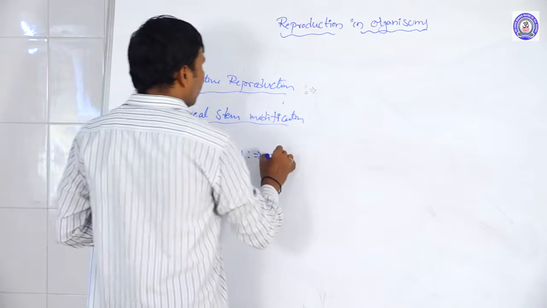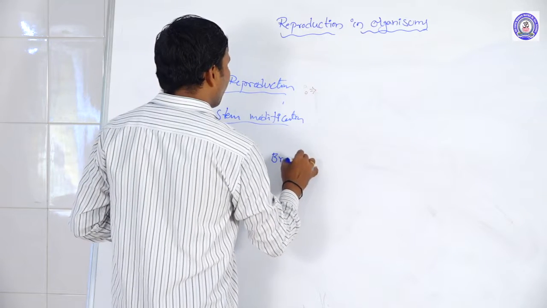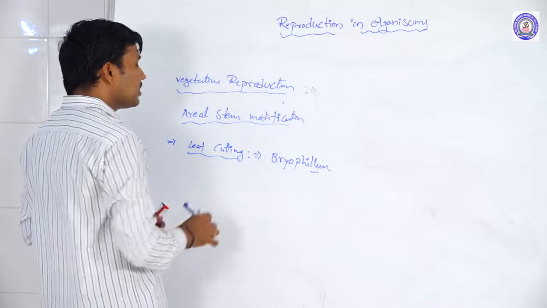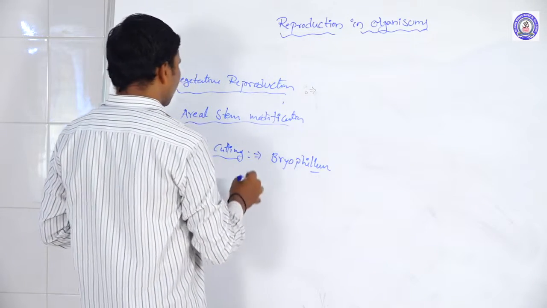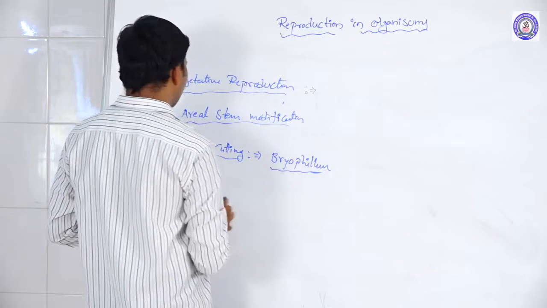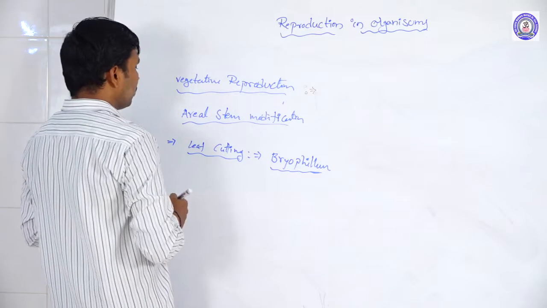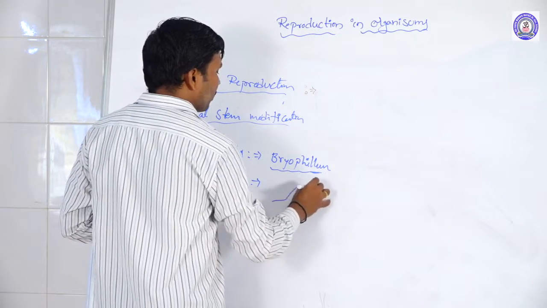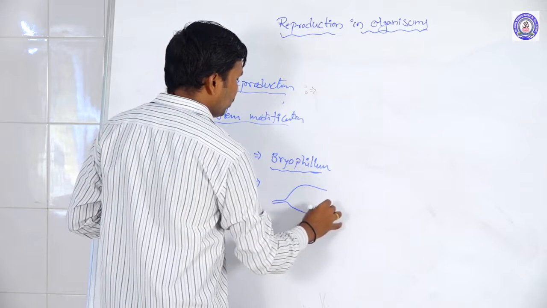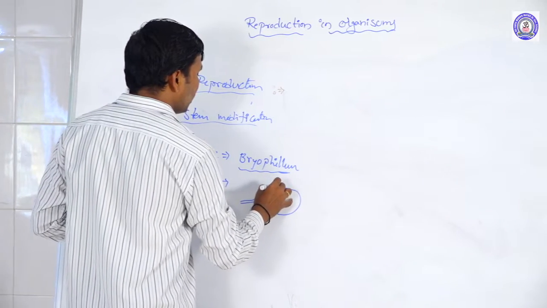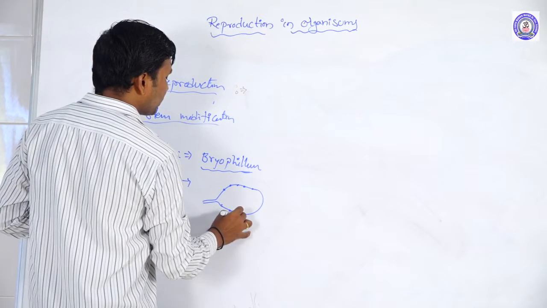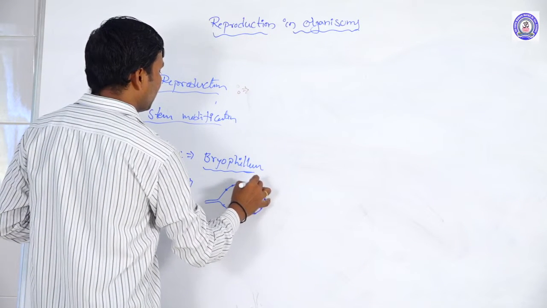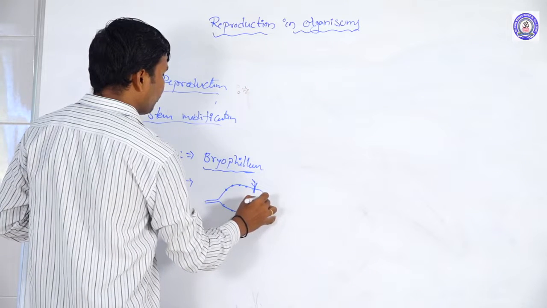Here, for example, we are taking Bryophyllum. In the case of Bryophyllum, the leaves have nodes, and marginal lobes are present. These are the buds. Marginal buds are forming in Bryophyllum.